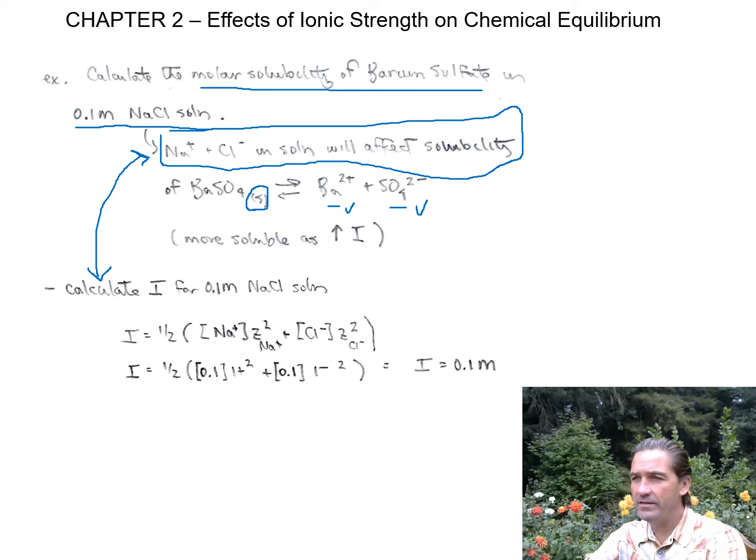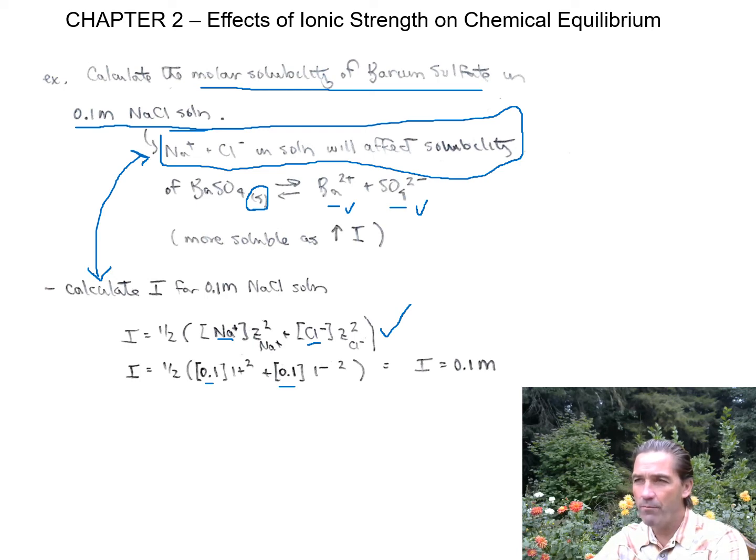So first, before we do anything, let's calculate the ionic strength of a 0.1 molar sodium chloride solution. I have our equation here, and I put in our ions so that you can follow. I put in the concentration. It's both 0.1 because it's all 1 to 1, right?